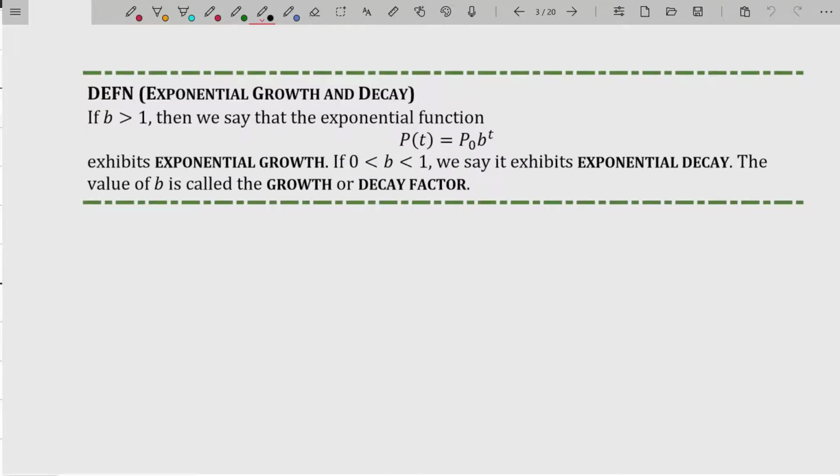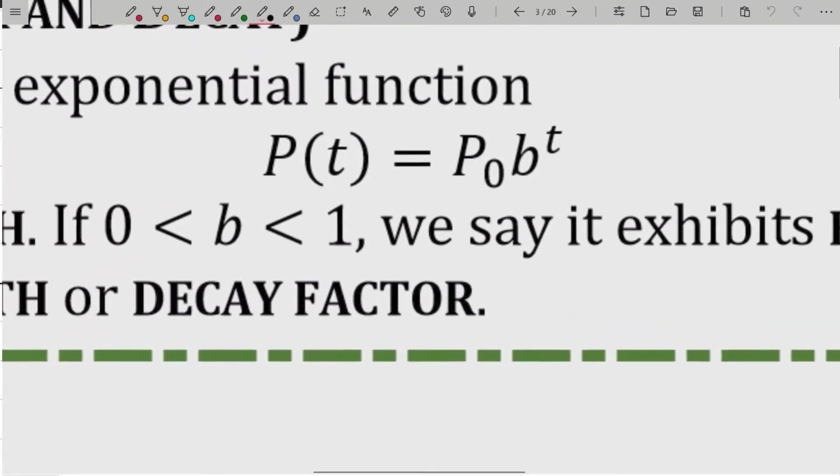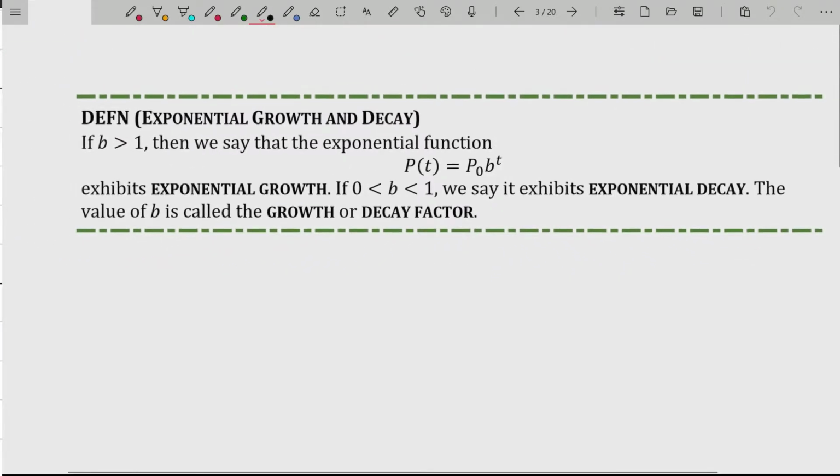So what else do we have to review? Well, we already know what an exponential function is. We've already said that this is the exponential function. And it's just important to get some language in here so that we can speak the same language when we talk about exponential functions.